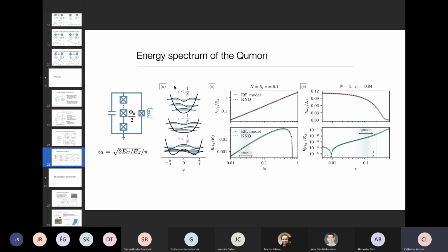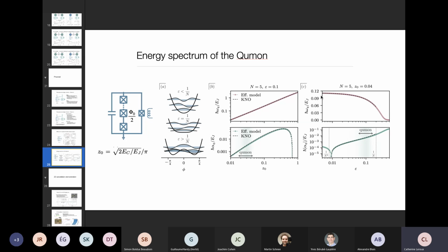And you see in panel A that the first figure is associated with such a system, so it resembles an oscillator. This is for the case where the ratio of the small junction energy over the large junction energy is below 1 over n, n being the number of junctions in the array. In that regime, we can find a Kerr oscillator model, and that's where we want to work.